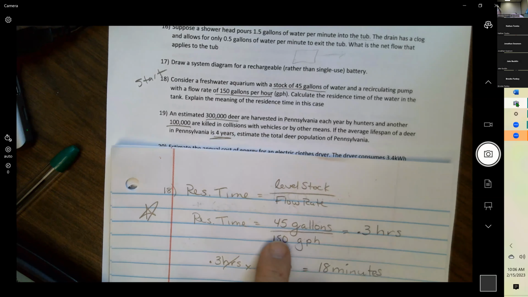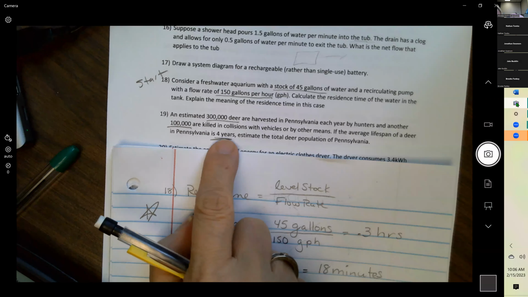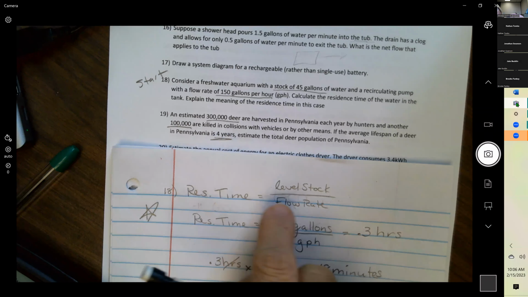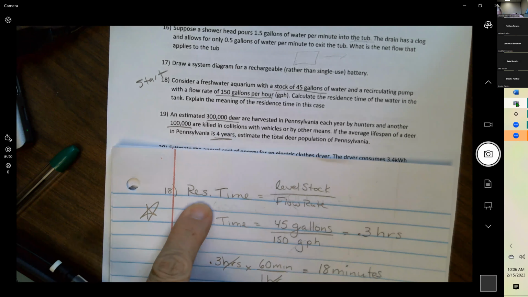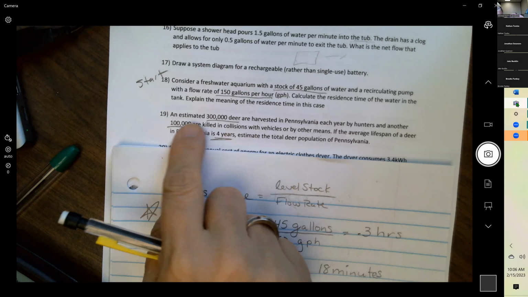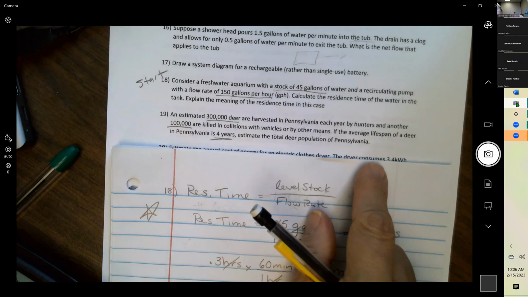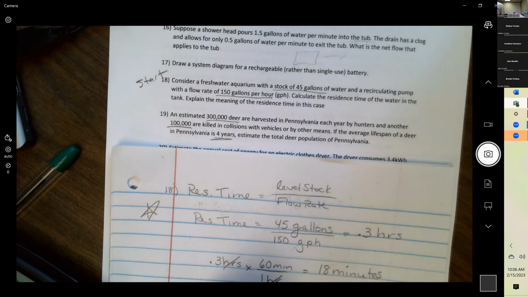That's using this formula again, because they're telling us how long the deer live in their group. That's your residence time. The flow rate is the amount that are dying. So we would add those together.